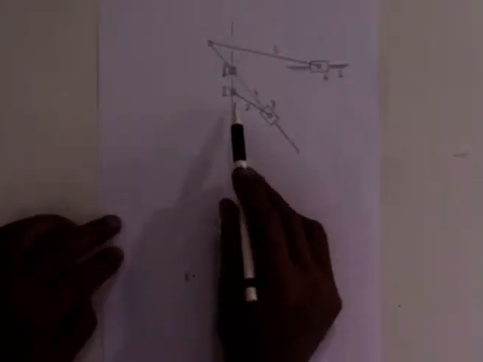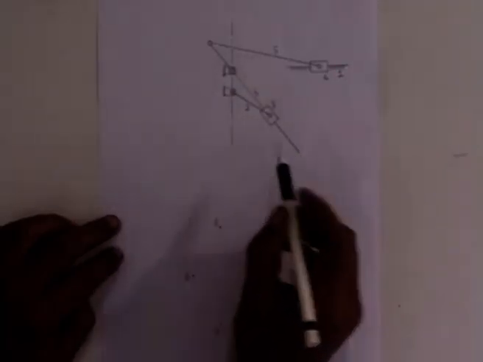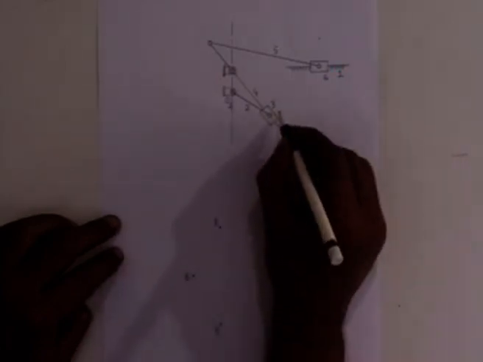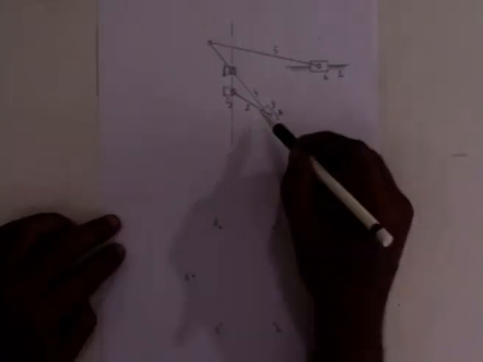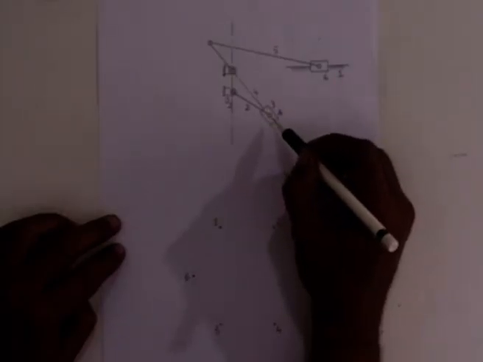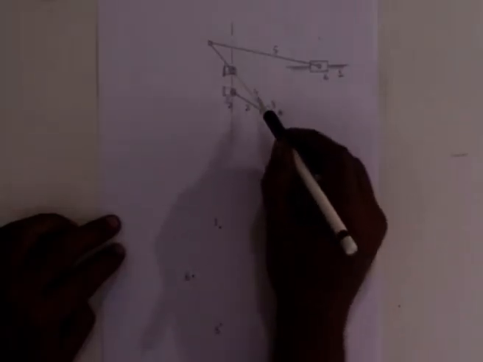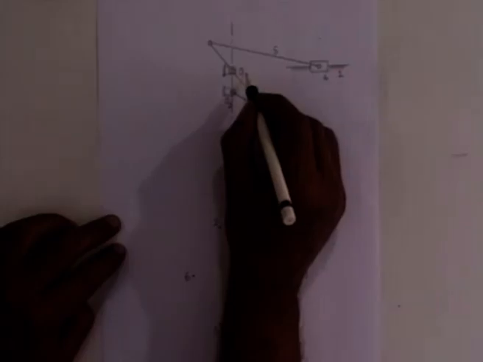This is the kinematic diagram of the Whitworth quick return mechanism, the model of which we have just seen. O2A is link number 2, which is the input link, that is hinged to this block 3, and 3 is moving on the slotted lever 4, which is hinged at the point O4.